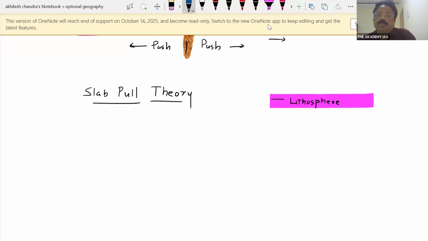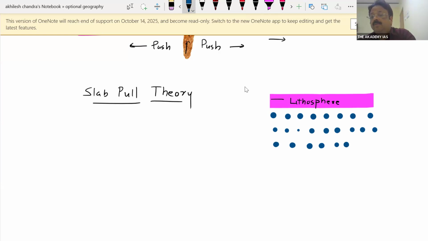This lithosphere is floating over the asthenosphere. So this is the asthenosphere. We have seen it in the interior of Earth. So this lithosphere is floating over the asthenosphere.